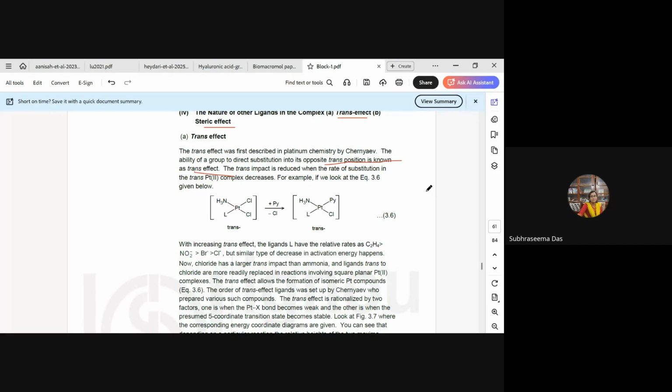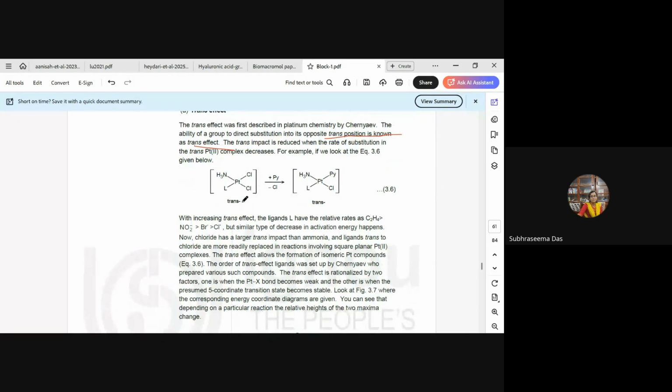For example, when we look at equation 3.6 given below, this is the trans complex that we are talking about. Now the pyridine will go into the complex and here the chloride will come out of the complex. So here if we look, the pyridine goes here and the chloride comes here. So this is the transposition. So hence a trans product is formed.